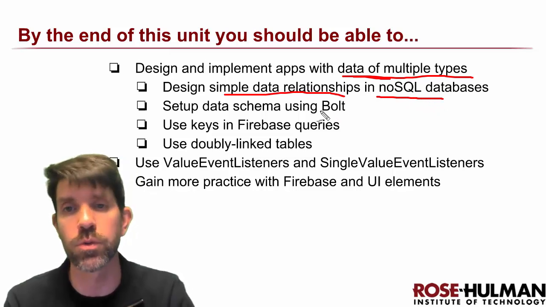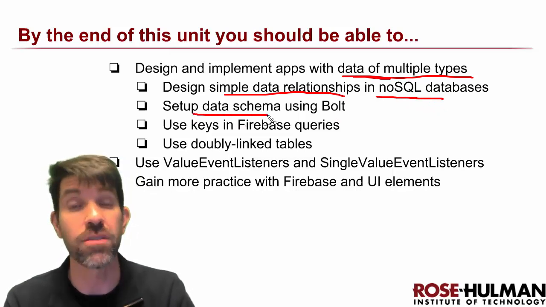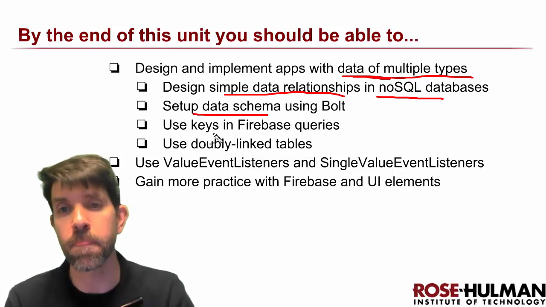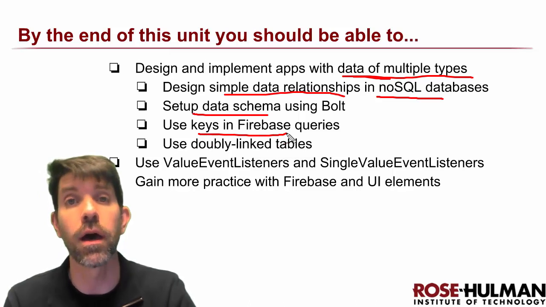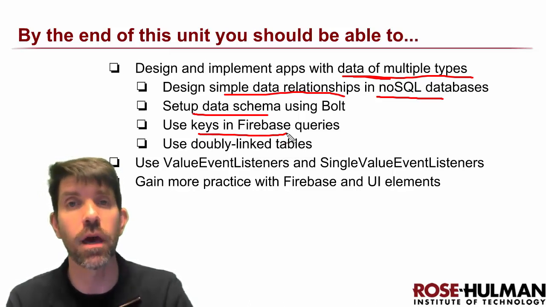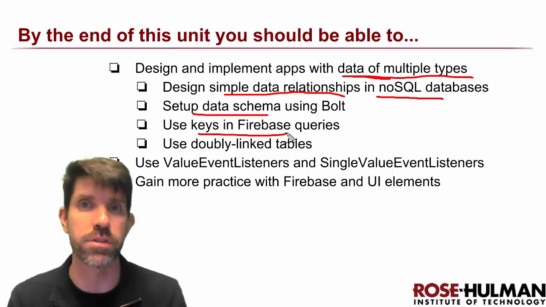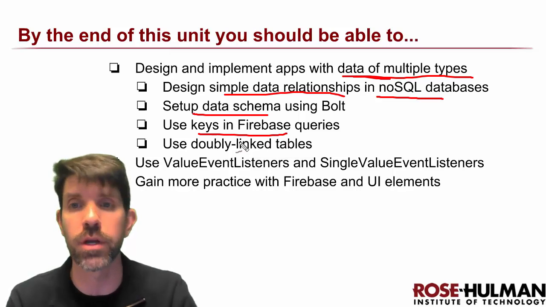We can actually validate the schema using Bolt to create rules in Firebase. We're going to be using queries in Firebase along with keys to narrow down the data that's returned by Firebase. So when we ask for our courses, we only get our courses and not everybody's.